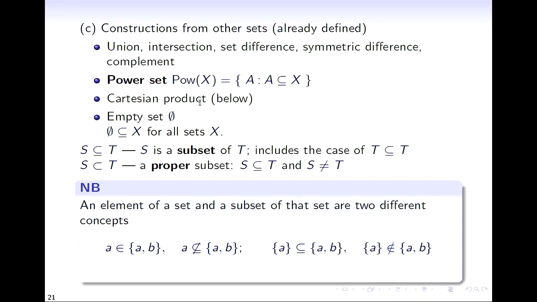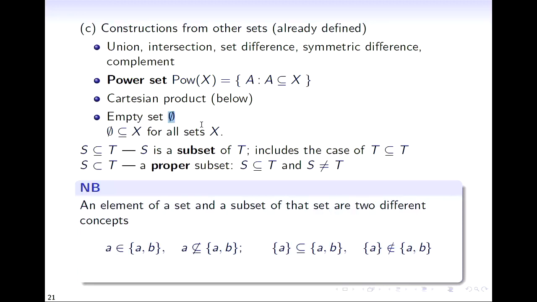We can also define the Cartesian product. I will define that a little later. And we do have the empty set, for which there is an alternative notation, and this is this here. Now, in the literature, you will find this as often as you will find these two braces without anything in between.